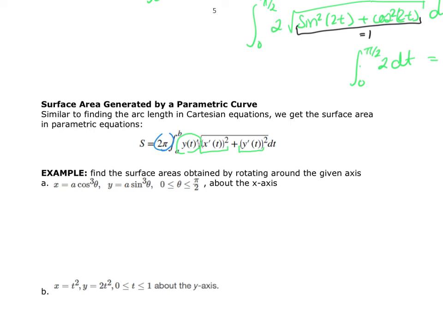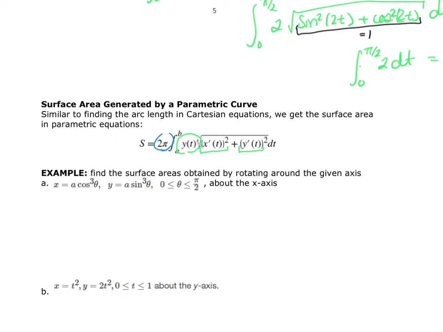So if we are asked to find the surface area by rotating this, the first thing I'm going to do is find my derivatives. It's always finding my derivatives. We always go back to the derivatives.